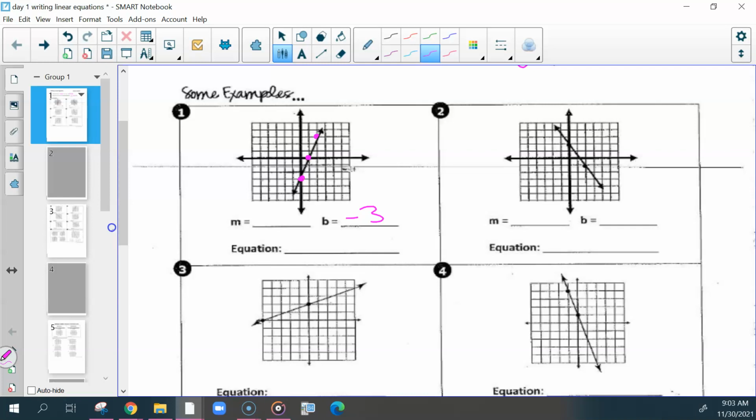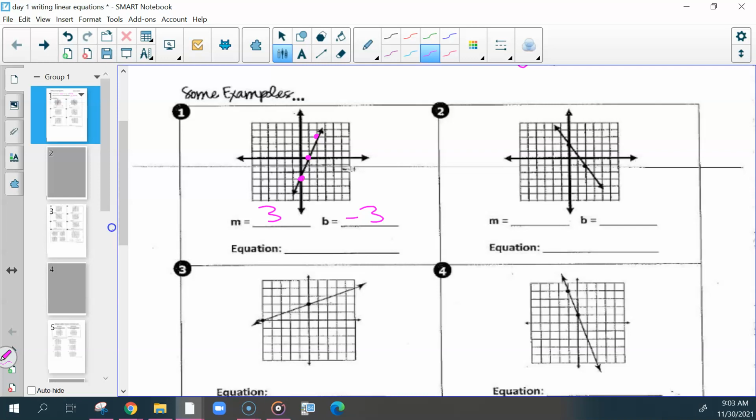What would that slope be? Remember, it's rise over run. It's 3 over 1. Let's go with the y-intercept as the bottom point. So 3 over 1, or just 3, because we want these simplified.